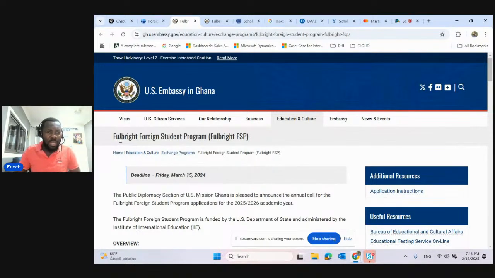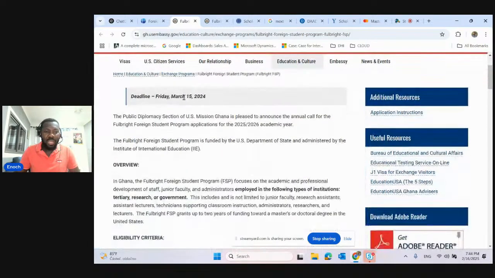So when you come here, the Fulbright for this is for Ghanaians. So if you're not a Ghanaian and you're Nigerian, for example, and you want to know if your country qualifies for this scholarship, or if there is specific eligibility criteria to be fulfilled based on your country of origin, you should select your country and then click on the related link, just as I did for Ghana, and it brought me here.